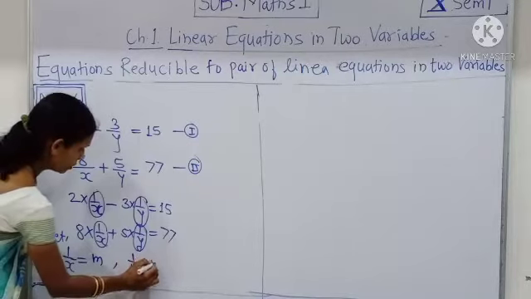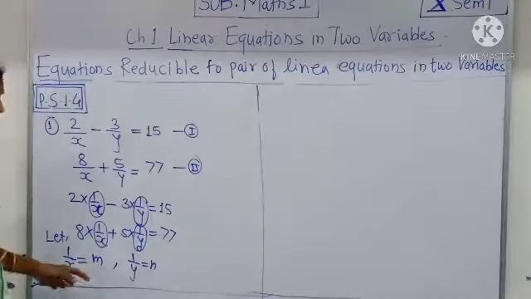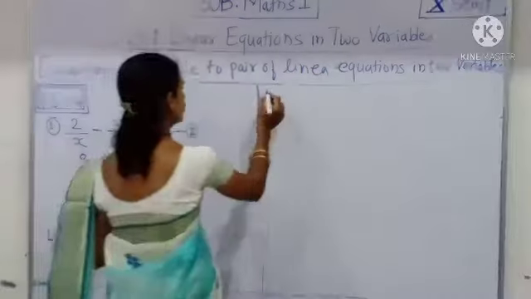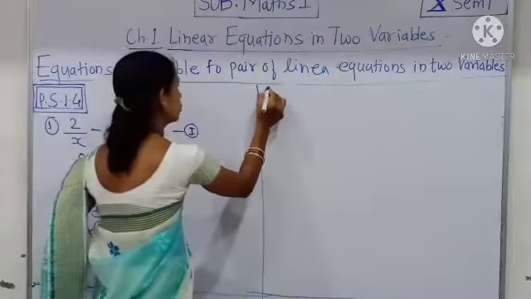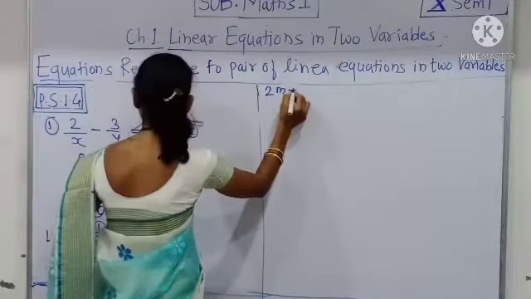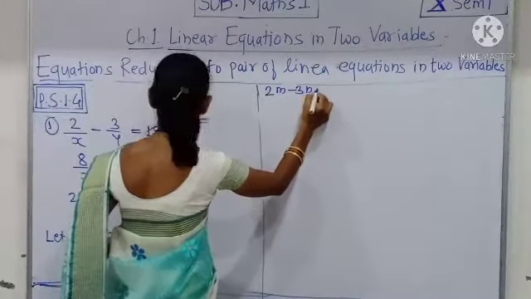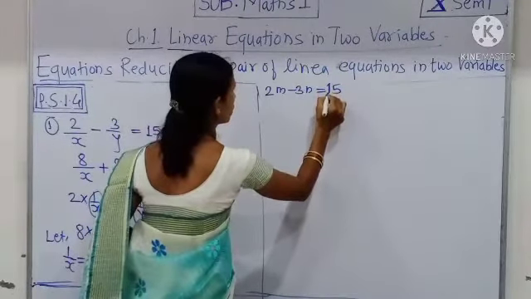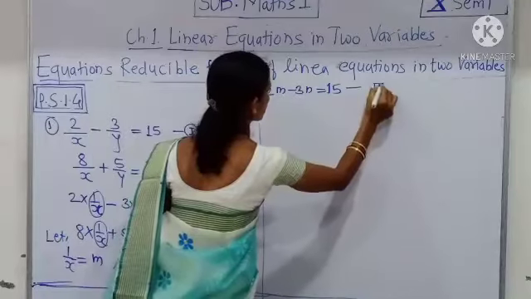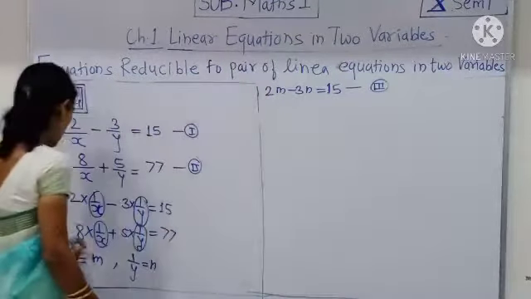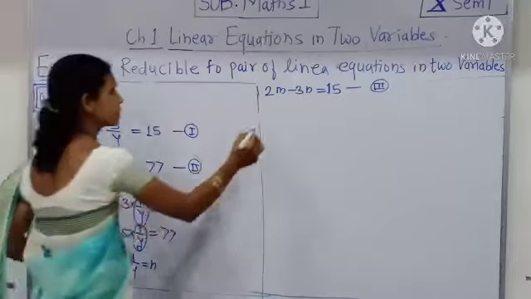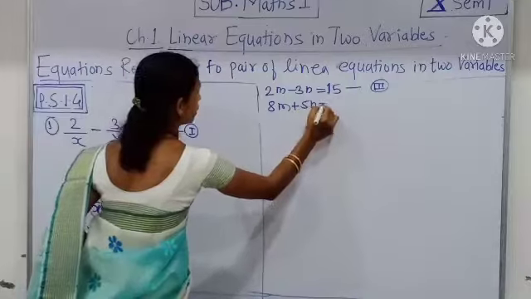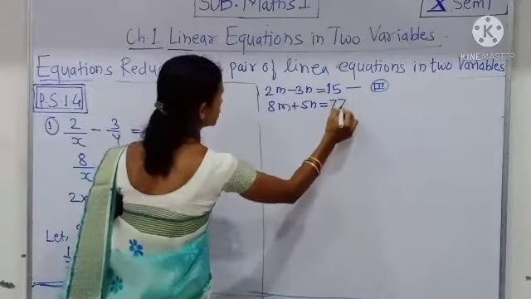For 1 upon y, it is n. Then equations 1 and 2 now become 2m minus 3n is equal to 15. Let this be equation number 3. Similarly, equation number 2 becomes 8m plus 5n is equal to 77.